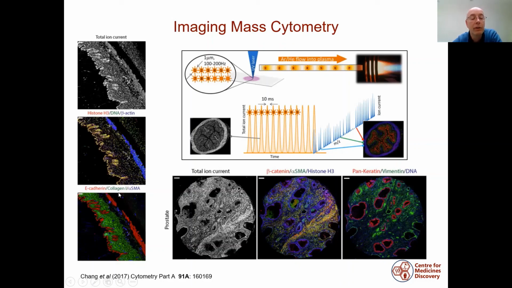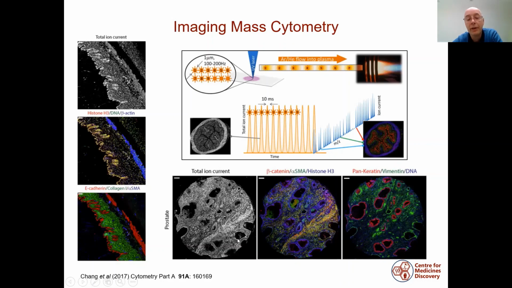Because you can do this with a large number of antibodies, in the same tissue we have different patterns. So we have 3 different proteins here, E-cadherin, collagen, and alpha SMA plotted on this tissue. Again, this is a different image.